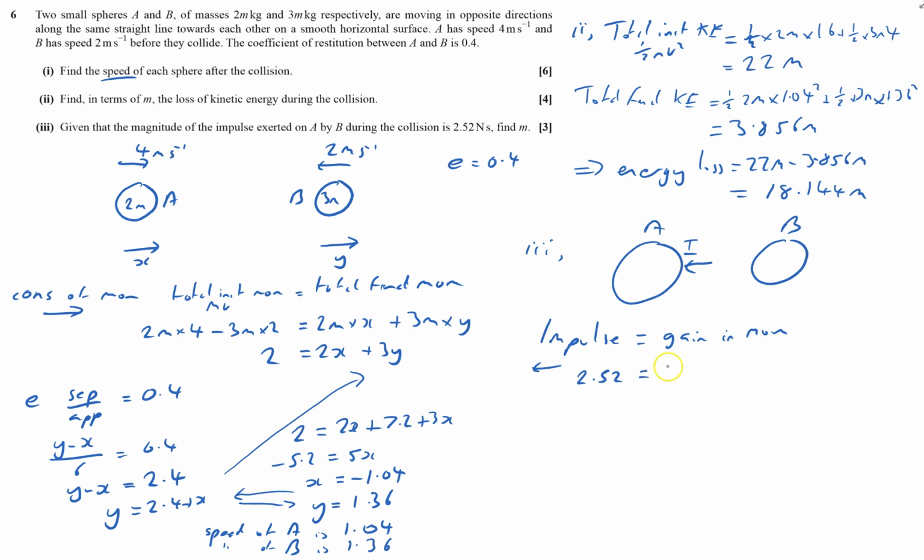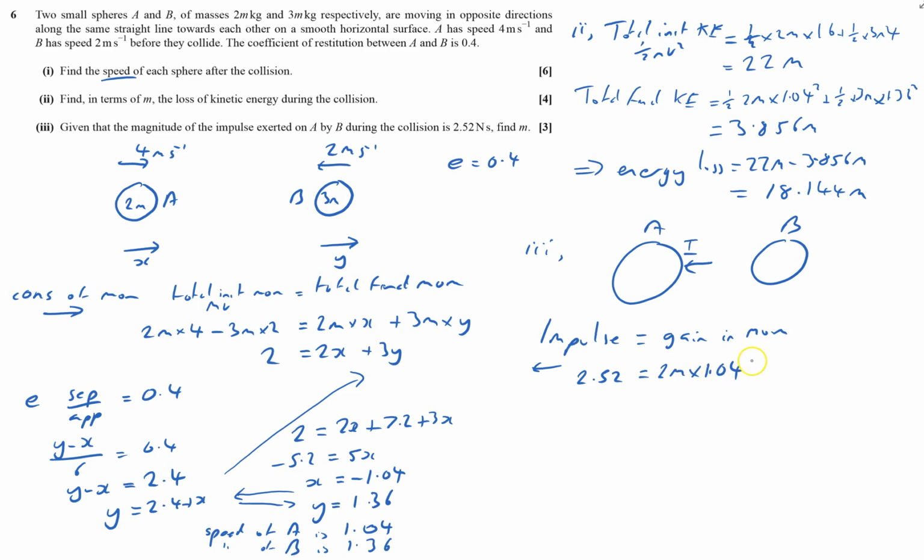It's going to be the final momentum, which is 2m times 1.04, because I'm taking that to be positive. And x, I know it goes that way, but it's negative, so the velocity goes to the left, whatever.